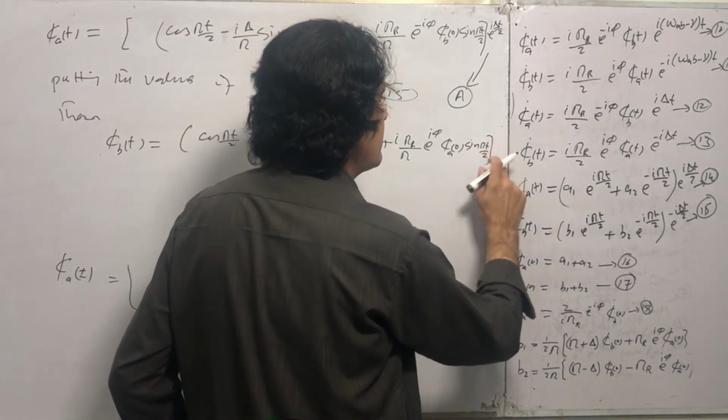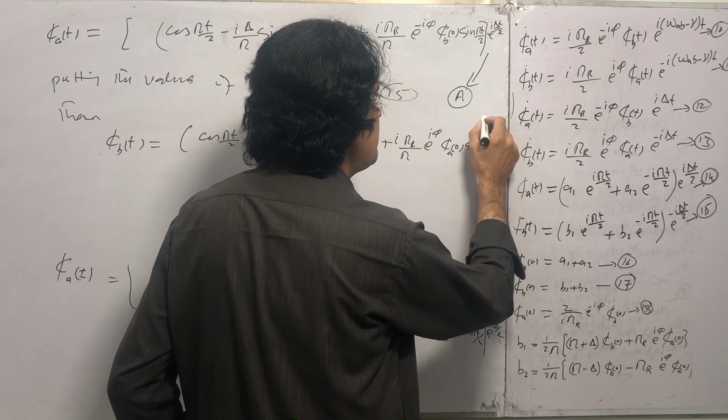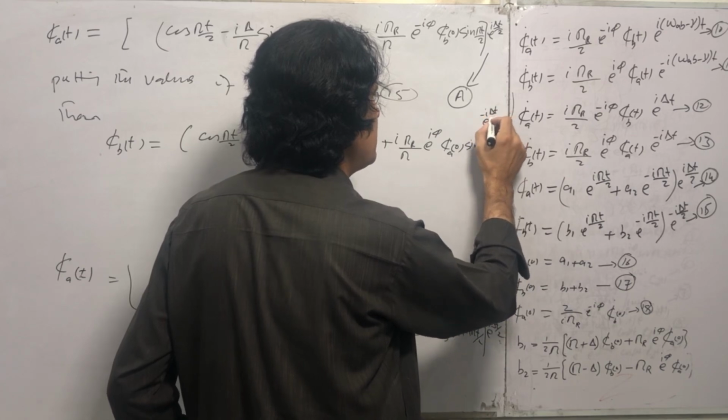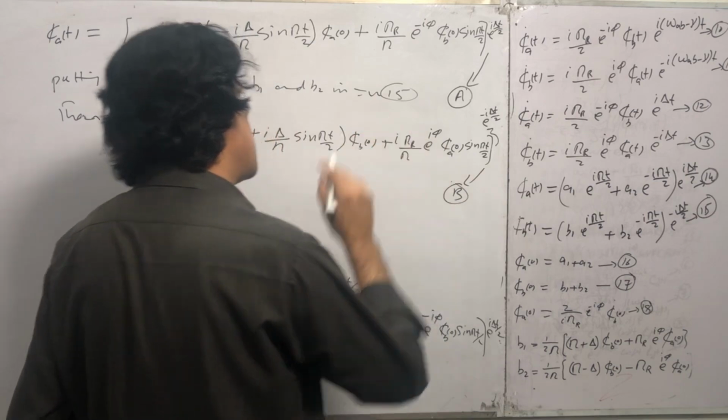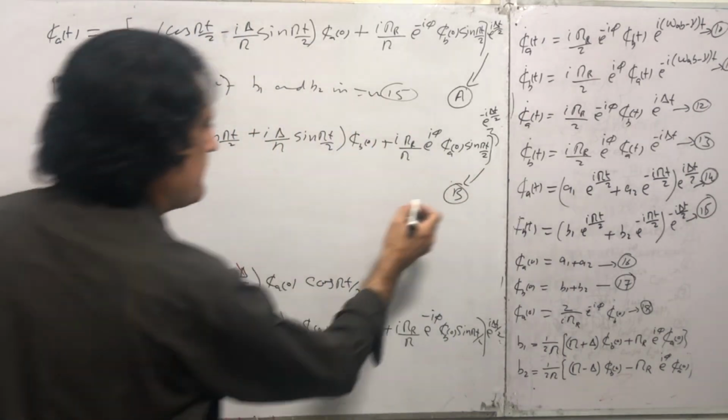This is e to the power minus iΔt divided by 2. And this is equation number B.